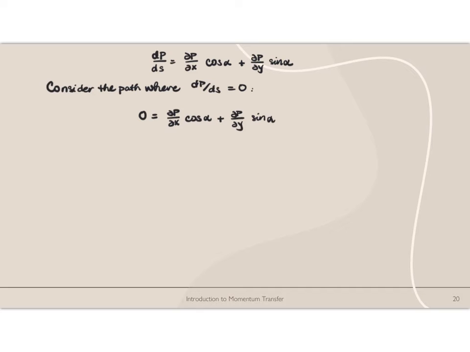But we also know that tangent of alpha is going to be our dy/dx. And this, of course, is all talking about the path where dP/ds is equal to 0. So in order for this to be true, then it means that dP is equal to 0, or P is a constant.